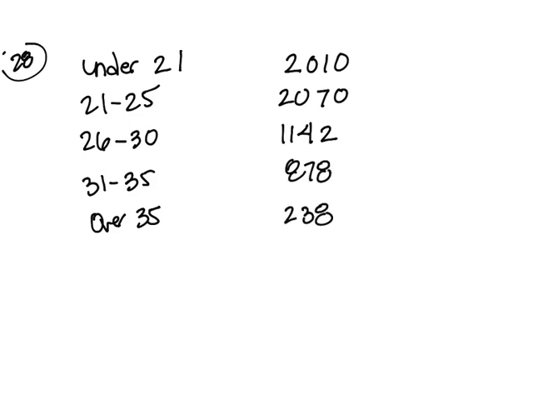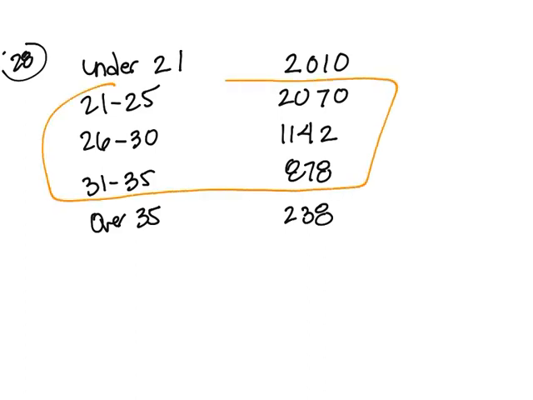All right, on 28, it's asking A and B. So these have to overlap, right? That's what and means. So A says the student is between 21 and 35. So this group, right?